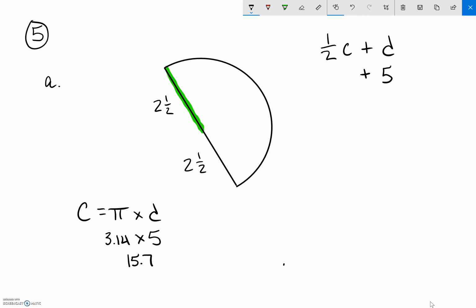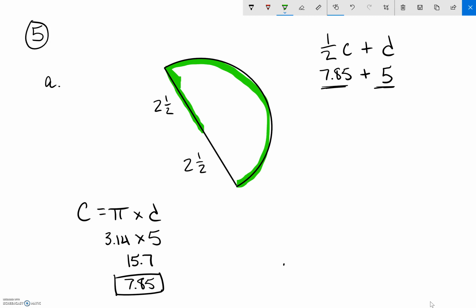And you're going to get 7.85. This is half of the circumference. So that's going to go here. We're going to add half of the circumference with the diameter, and that will give us the full perimeter. That would get us all the way around the lawn. So our answer is going to be 12.85 meters.